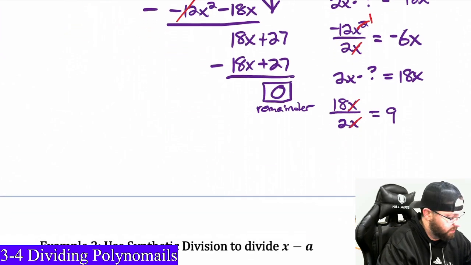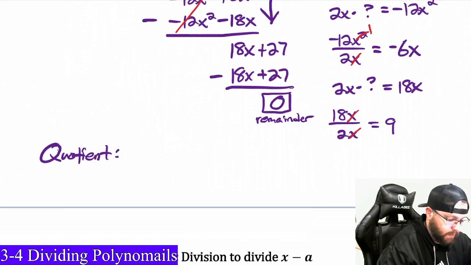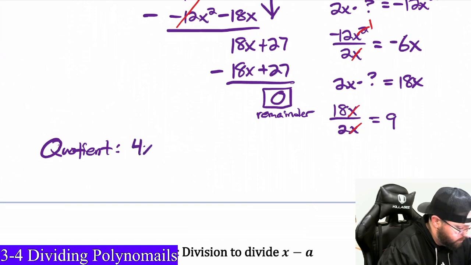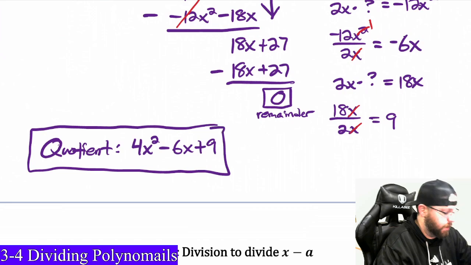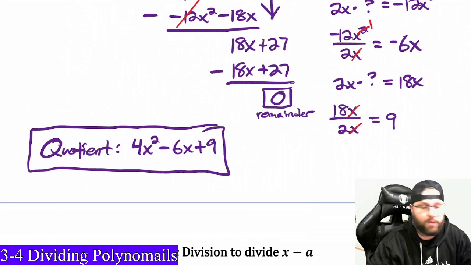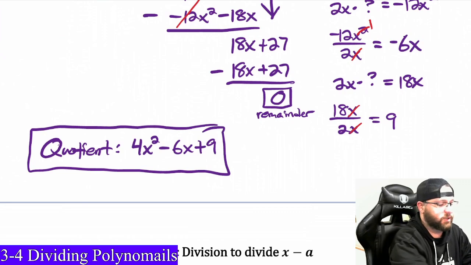So we're going to get our quotient to be 4x squared minus 6x plus 9. And once again, since there is no remainder, we don't need to add 0 over 2x plus 3. We can just leave it as this, and we're done. So that is long division.